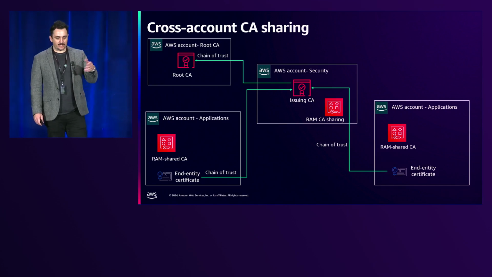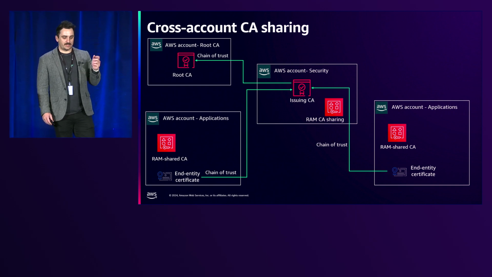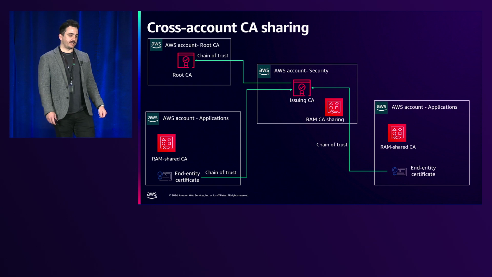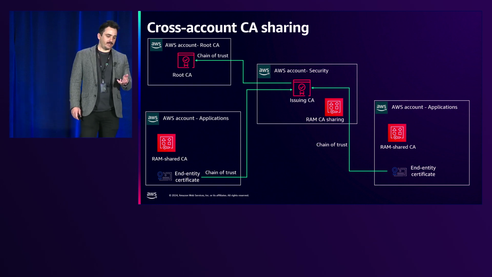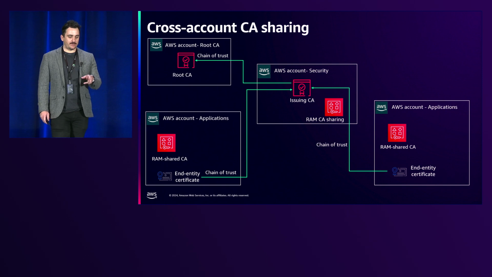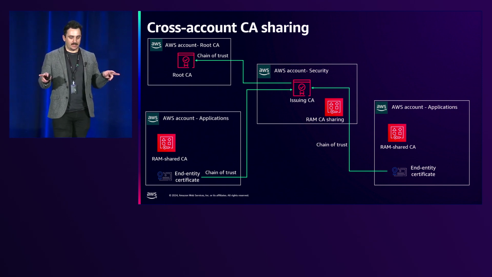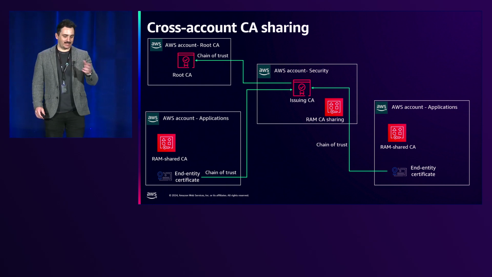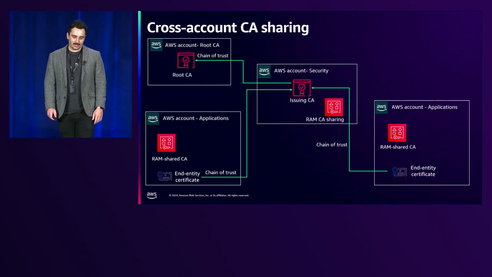This can be issuing CAs or other intermediates, whatever your flavor of hierarchy ends up being. Then you can use AWS Resource Access Manager to share that specific issuing certificate authority out to those two accounts on the sides here. Instead of having to create actual instances in each one of those accounts, you can share it across account boundaries.